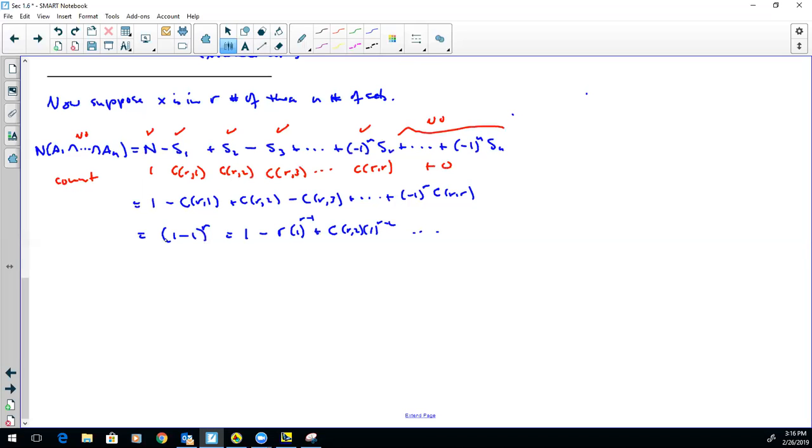And anyway, this is 0 to the R, so this is 0. So it works, okay?